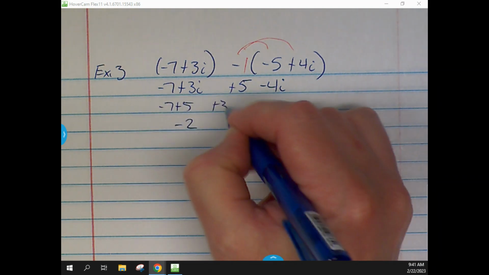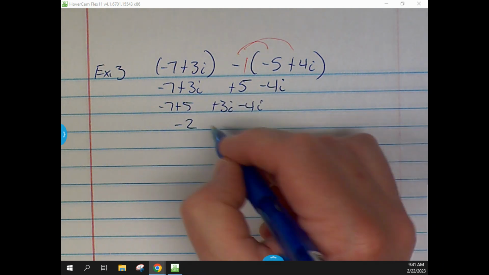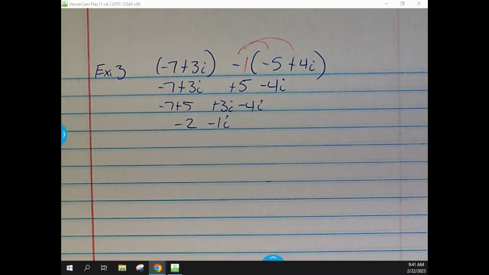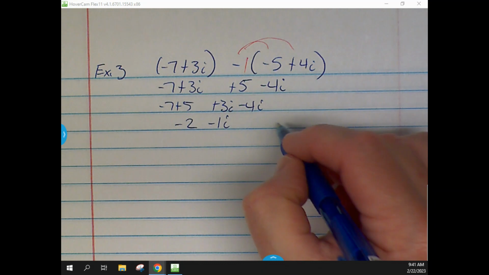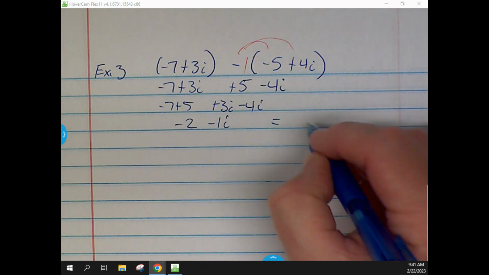And you've got the plus 3i minus the 4i. If you do 3i minus 4i, that's negative 1. Sometimes Math Excel likes this answer, sometimes they don't. That's the correct answer, it's just not necessarily in the correct form, because a lot of times they don't put the 1 there.